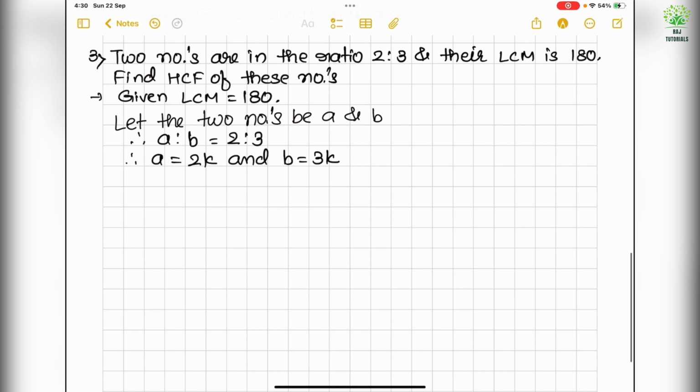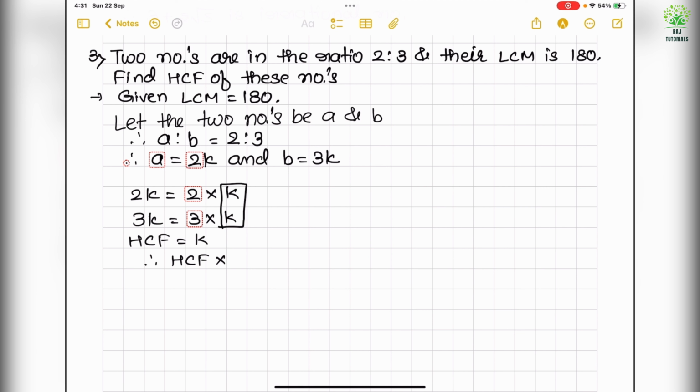So, A equal to 2K and B equal to 3K. Now, if I find common factors, 2K will be 2 into K and 3K will be 3 into K. So, I can say HCF equal to K.